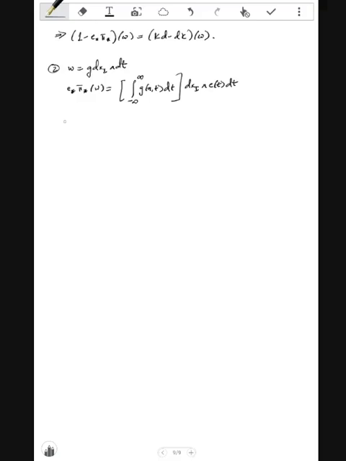On the other hand, k of d of omega is equal to k of the summation j equal to 1 to n of dg by dxj dxj wedge dxi wedge dt.